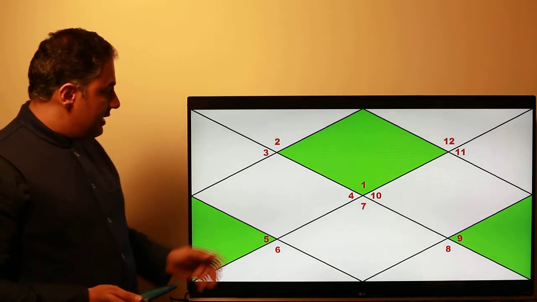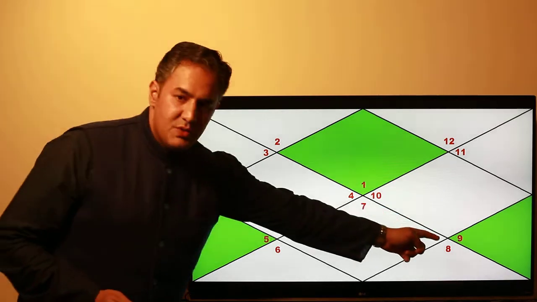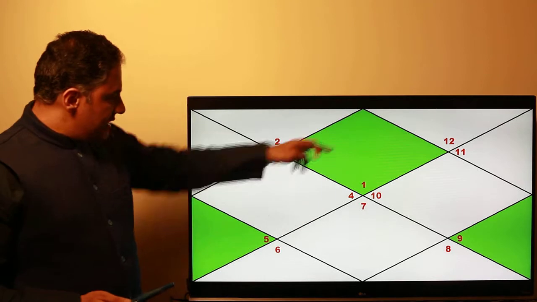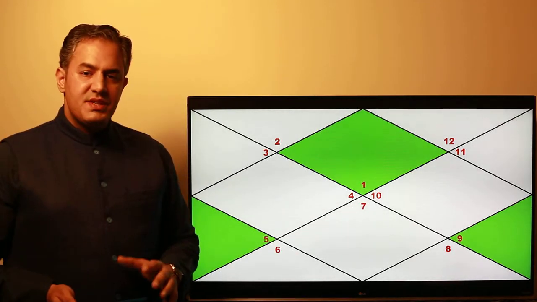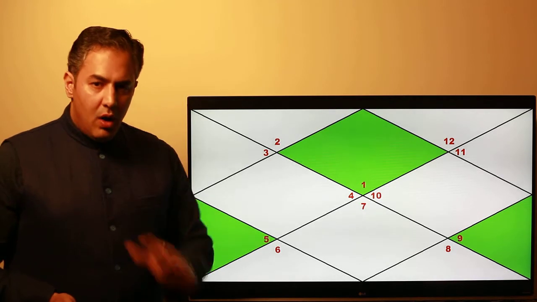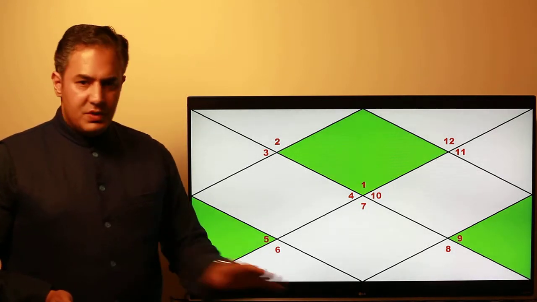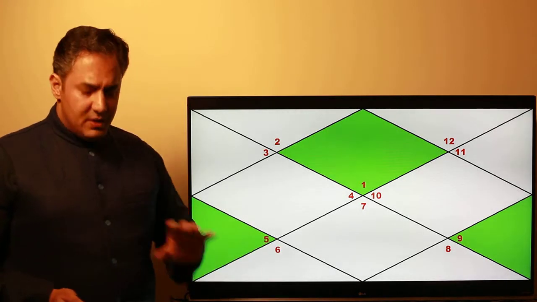As you can see, the first house, the fifth house, the ninth house. These are called trines, almost in the shape of a triangle. These houses are always and always good. They will always give you good results no matter what.